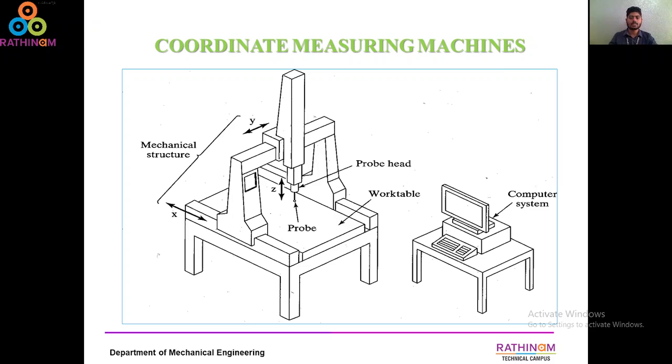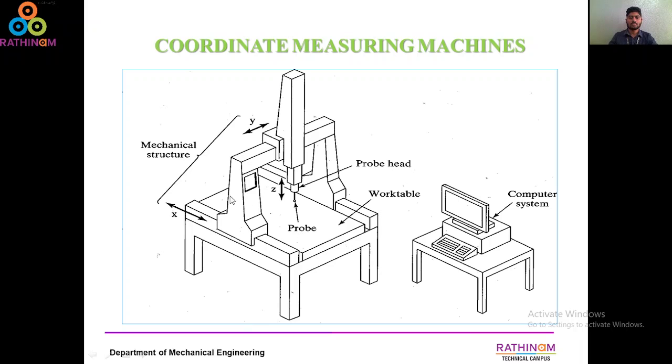Here we can see the probe. This is the y direction movement, this is the z direction movement, and this is the x direction movement. So x direction movement is available, y direction movement is available, and z direction movement is also available. For this we have supporting beams and gantries.